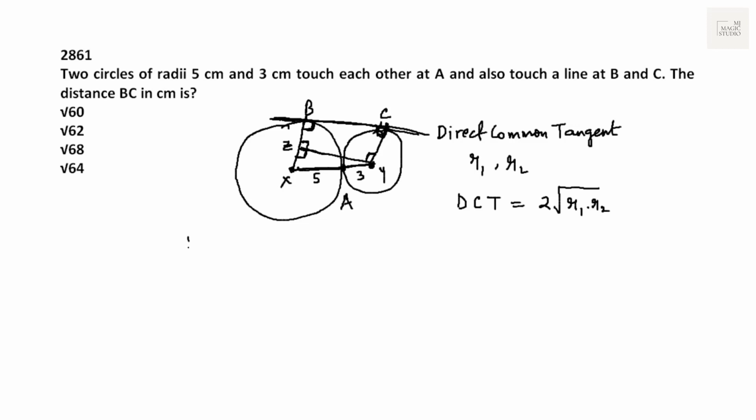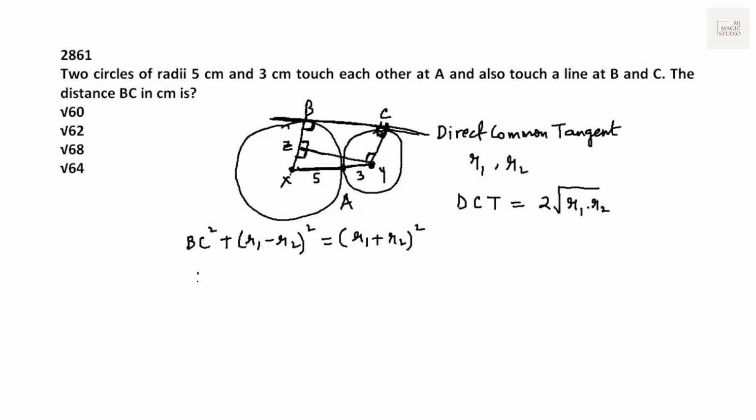That is the perpendicular. Therefore, this is BC square plus ZX square. ZX is nothing but the difference between two radii, R1 minus R2. That means ZX square is R1 minus R2 whole square, which equals the hypotenuse XY square. XY is nothing but R1 plus R2.